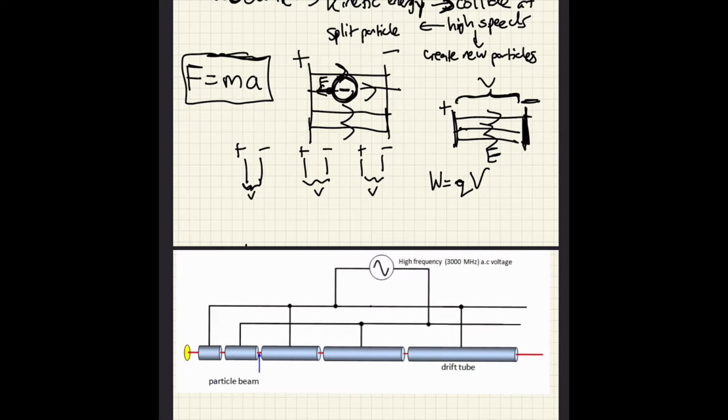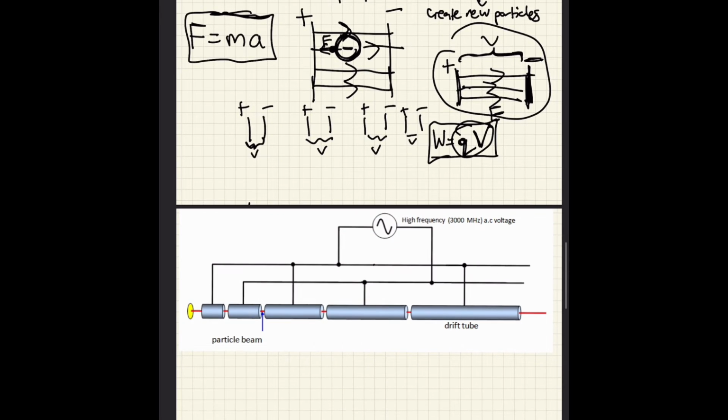And so if I go through the same potential difference many times, instead of one time like in here, then the total energy gain will be much higher, because each time I'll gain QV units of energy. But if I do it many times, I'll gain it many times. So I'll gain much more energy, basically.